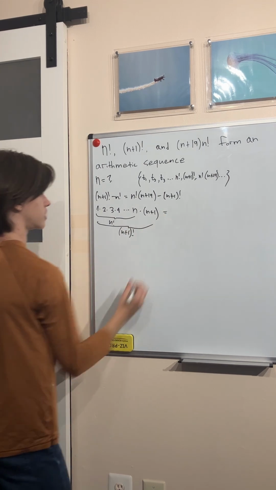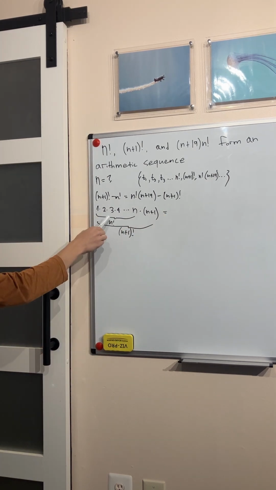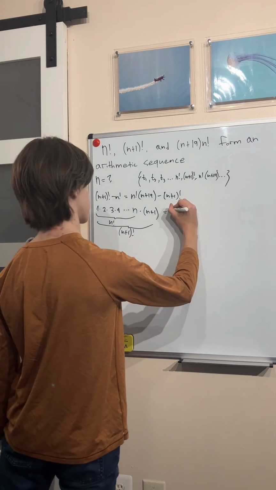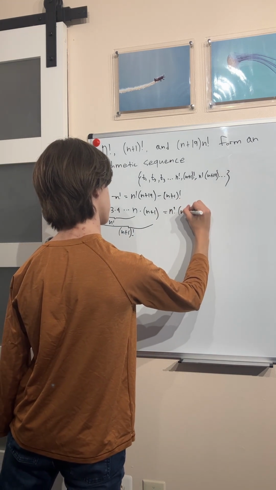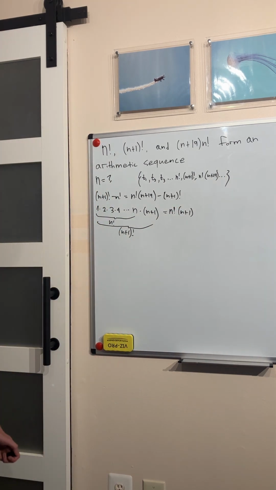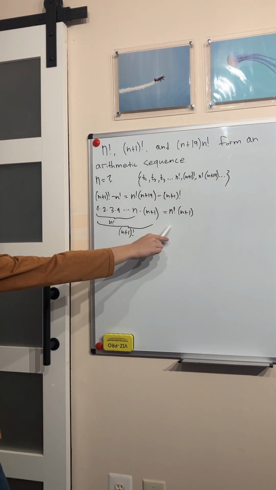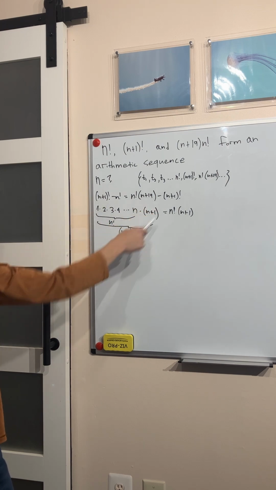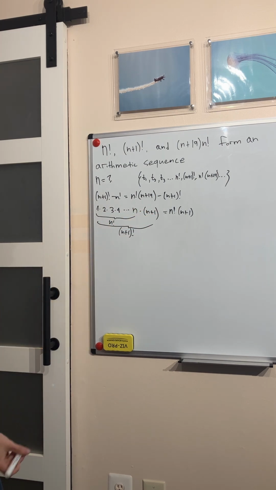But isn't that just equal to n factorial, this product, times (n+1)? It in fact is. n factorial times (n+1) is equal to (n+1) quantity factorial. And now we can substitute all the (n+1) factorials in our equation into this form.